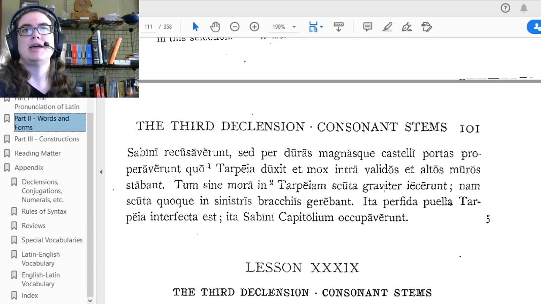Then, without delay, they tossed their shields on top of Tarpeia heavily, severely. She got buried alive by shields. For also, they were carrying shields on their left arms. Thus, the traitor lady Tarpeia was killed. Thus, the Sabines occupied the Capitolium.